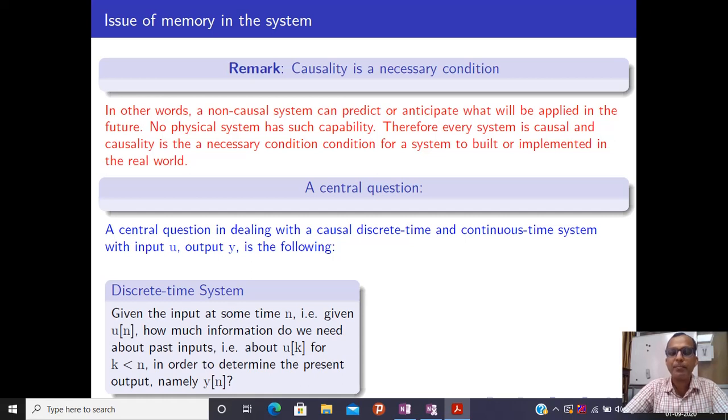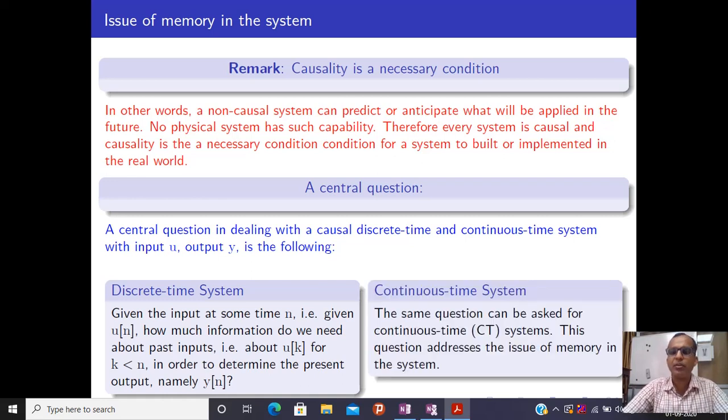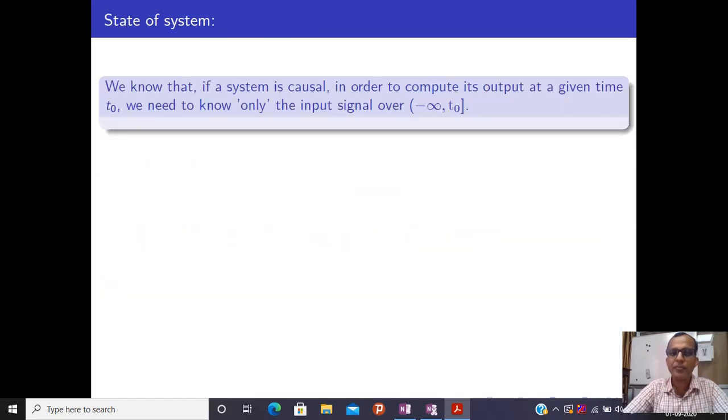So how much of that past information is needed to predict the output is one of the central questions. A similar question I can also pose for the continuous time system, where the input is continuous, and in this way I can address the issue of memory. This question I have already addressed in the previous lecture.